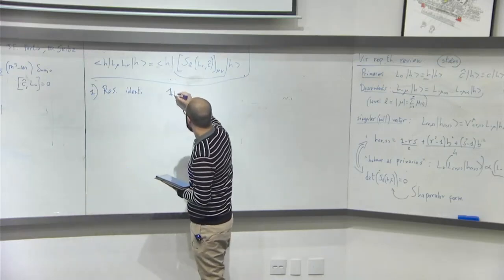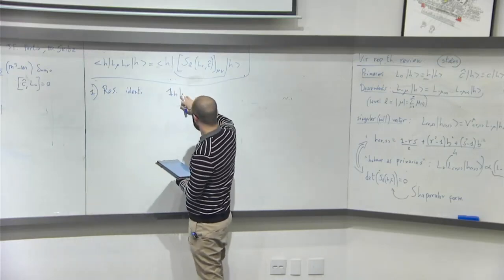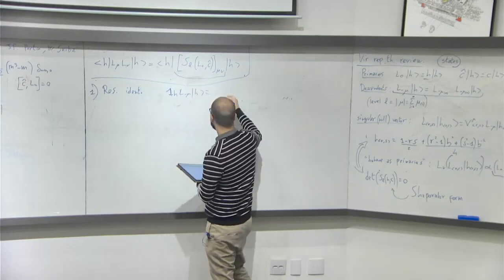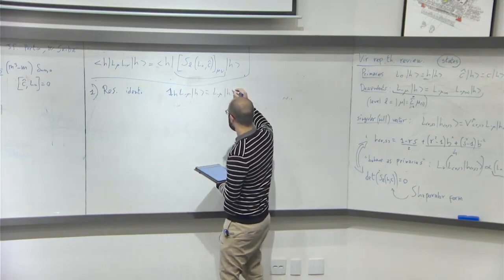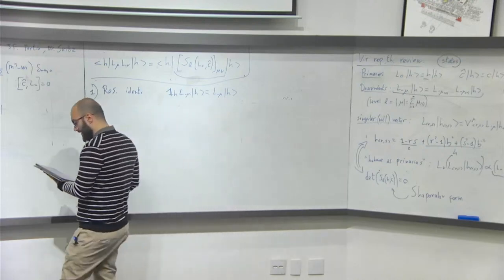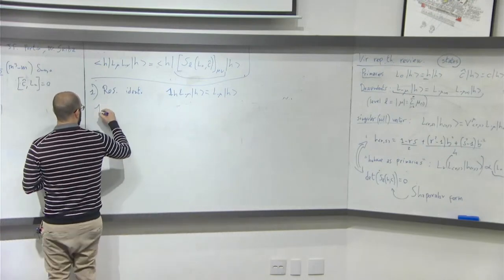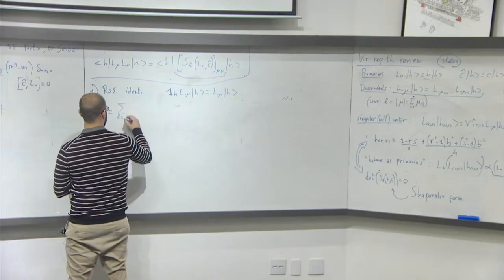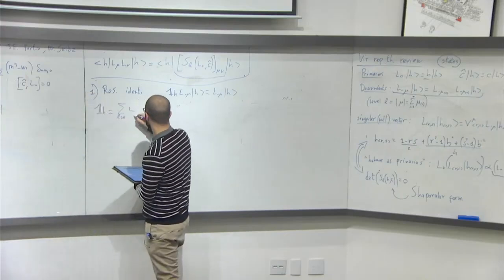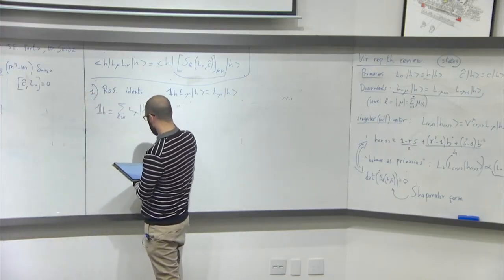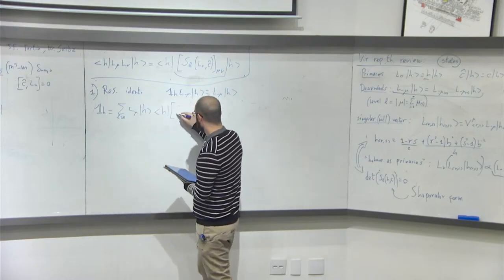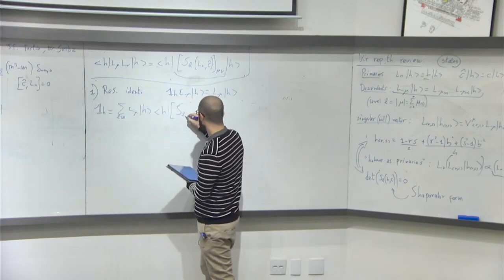It is an object that, if you act on a certain state, is going to return you the same state, simply. It's a very trivial object. It has a form of this type, a sum over L greater than 0 of L minus mu, H. This is all known in the literature. I'm not saying anything special.